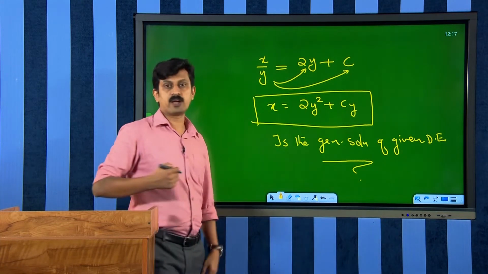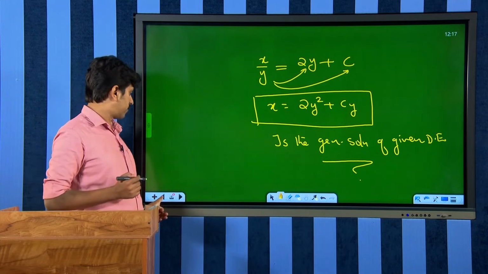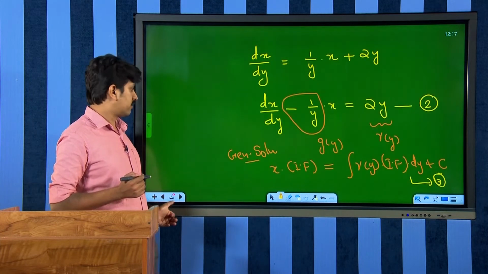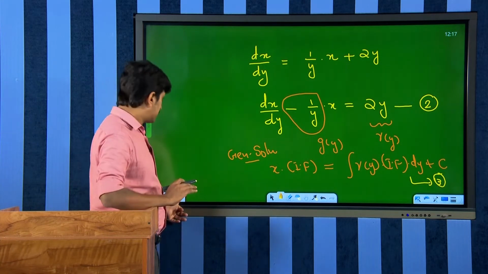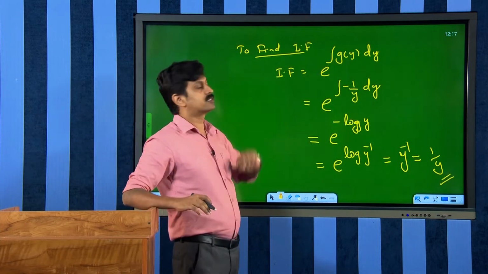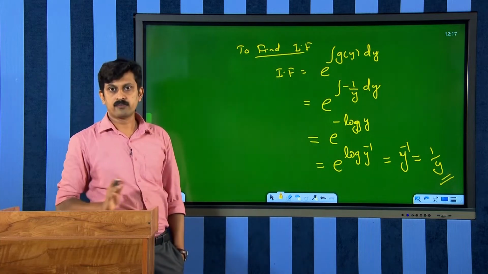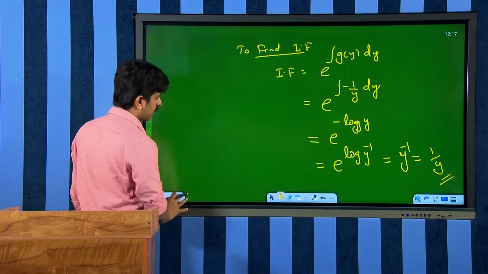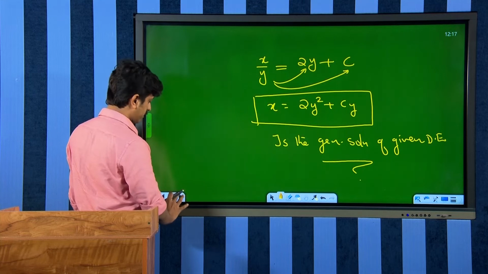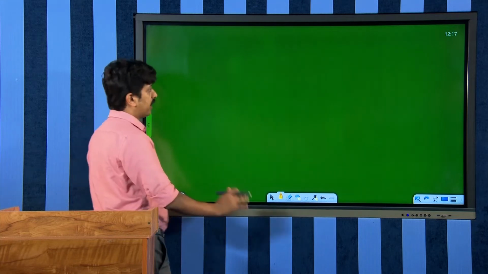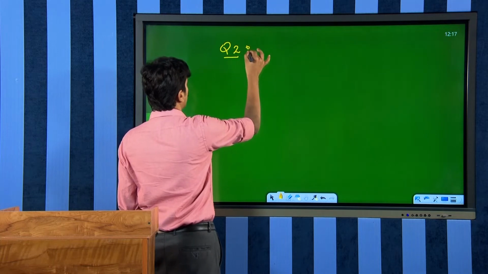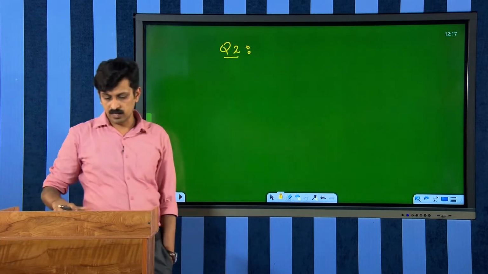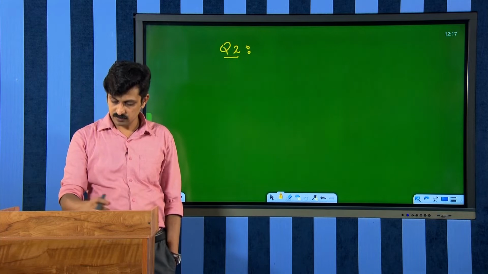So, by using the formula, equation number 3, we can find the general solution, and we can find the integrating factor by using this formula. This is the method if we interchange or replace the independent and dependent variable. Okay, we can just move to another question of the linear differential equation.